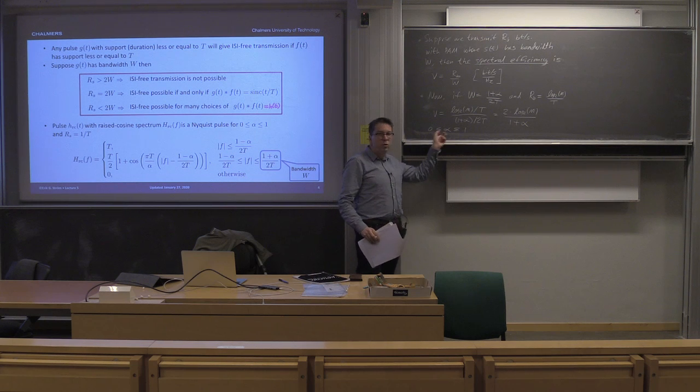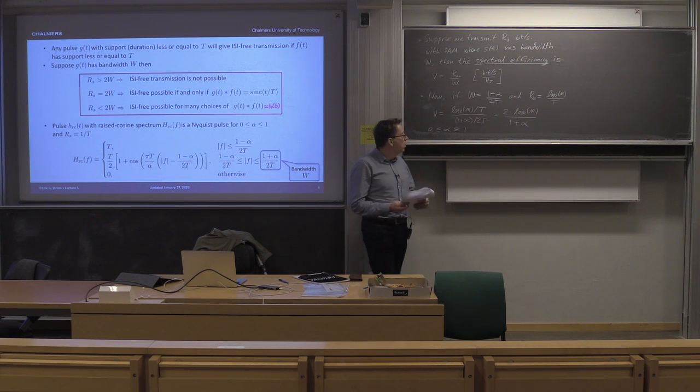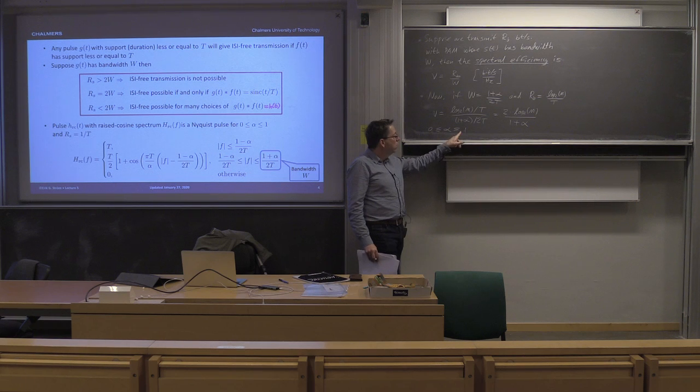Which alpha should we choose in order to maximize the spectral efficiency? 0, exactly. It's not rocket science. When alpha is equal to 0, we have nice spectral efficiency. When alpha is equal to 1, we only have half the spectral efficiency that we can achieve, right?